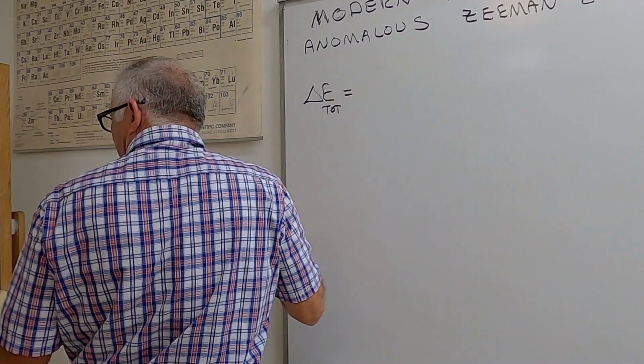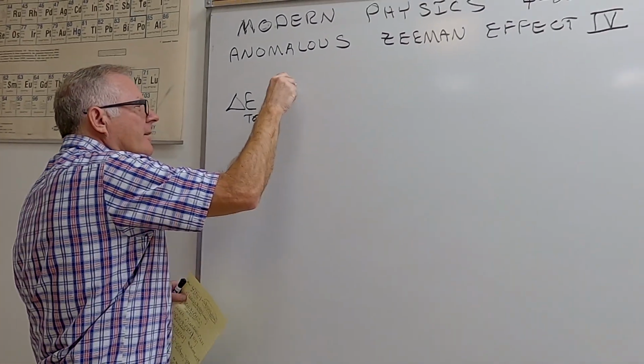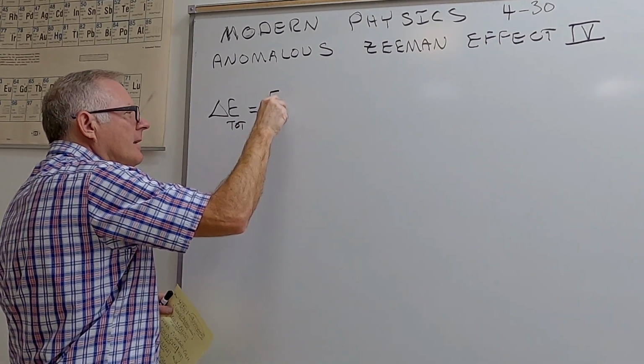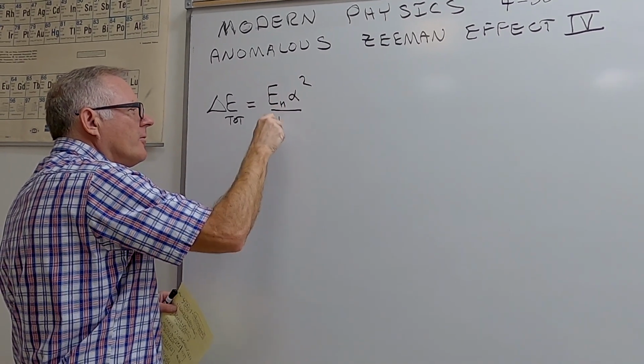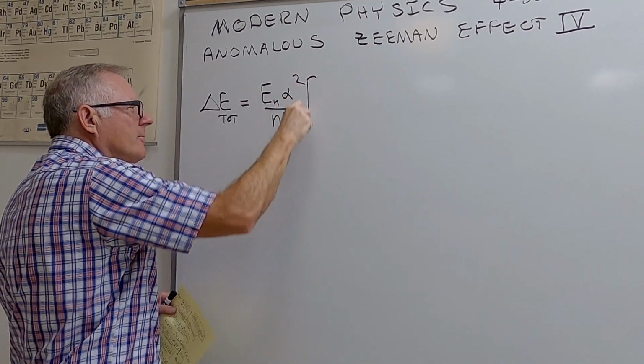We can keep our E sub n alpha squared, E sub n alpha squared all over n squared factored out.